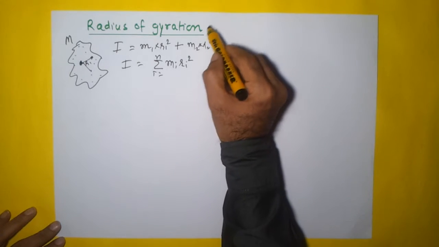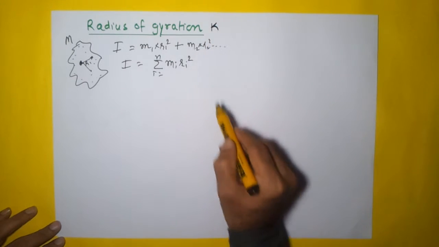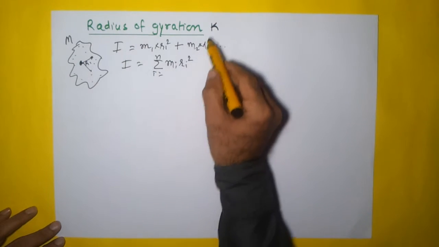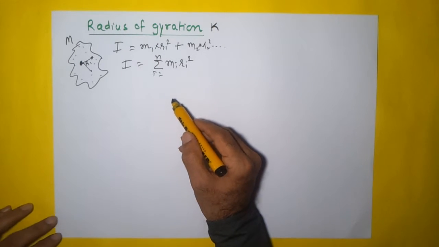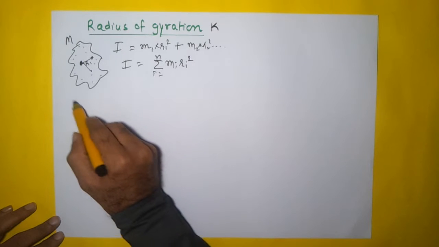Let's now move on to radius of gyration. It has the symbol k, so we will use k for radius of gyration in this video. What is radius of gyration? Let me put it in words.